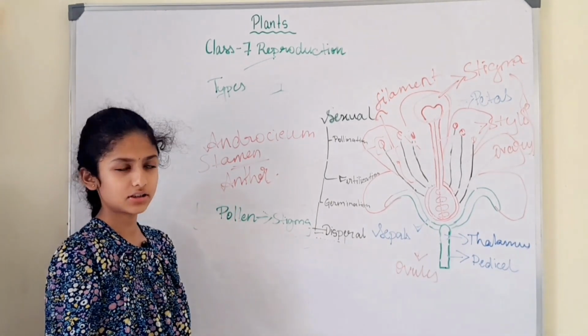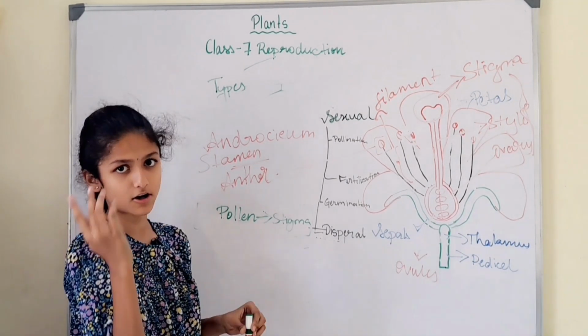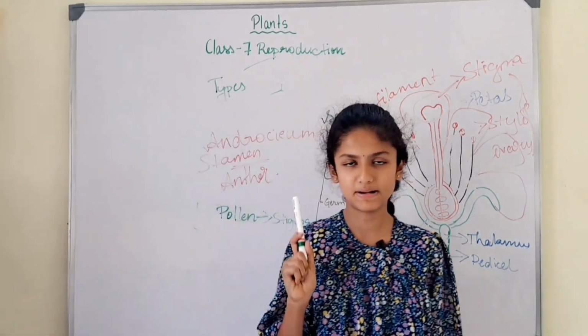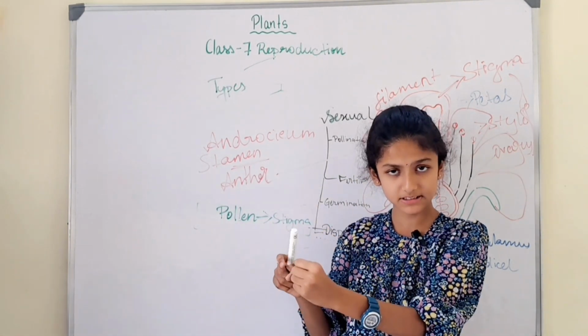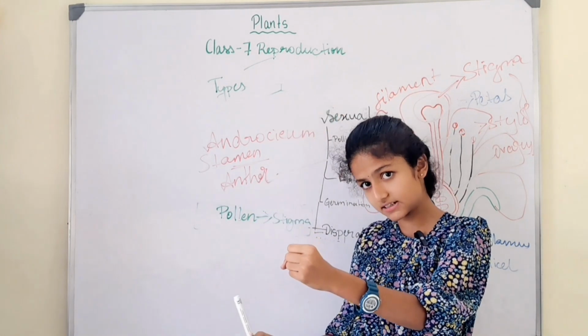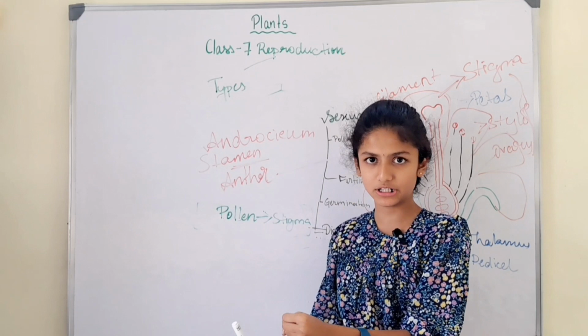How do they reach? There are two types of pollination: self-pollination and cross-pollination. In one plant, many flowers are there. Suppose pollen from this flower reaches this flower. Both are in the same plant. That is self-pollination.